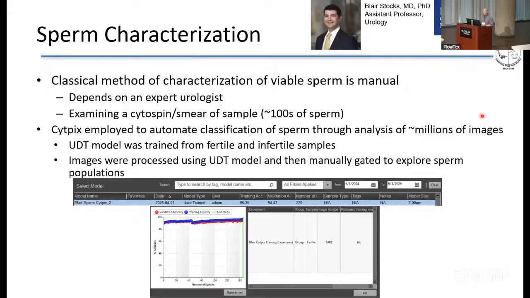We wanted to be able to automate the classification by using large numbers of images, with the idea that having lots of images would then lead to more accuracy in classifying sperm as viable or not. So again, we used the Cypix to develop a user-driven training model and then manually gated to explore what populations of sperm there were.